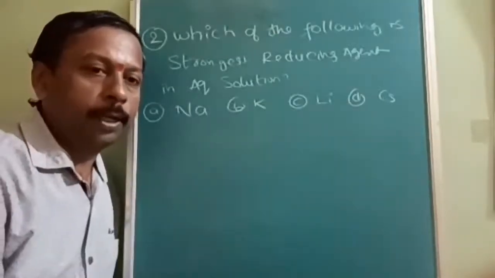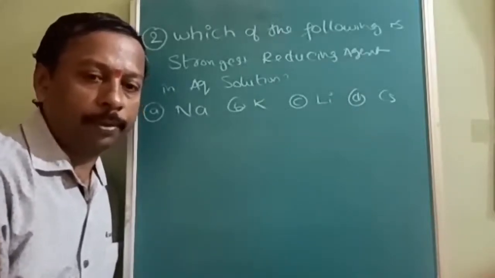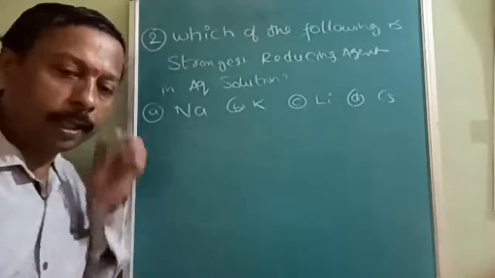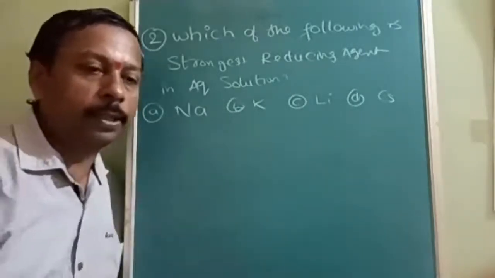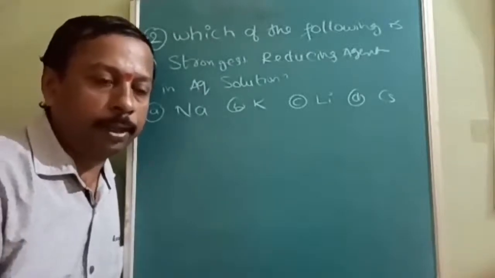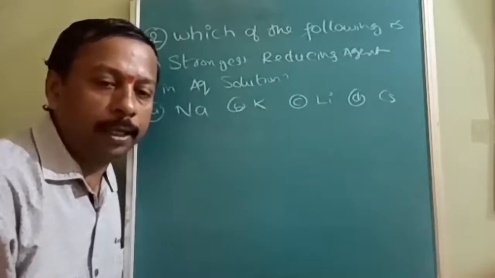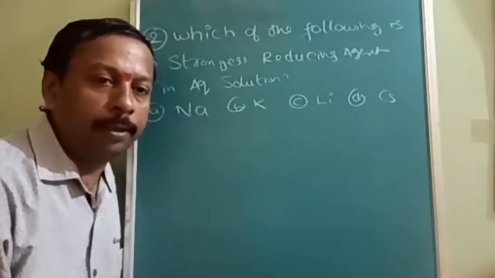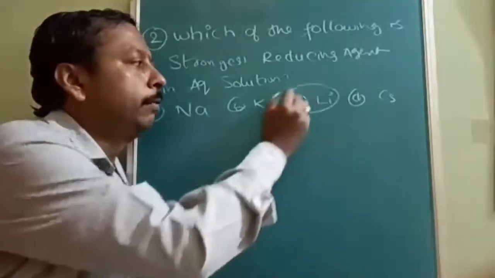The next question is about the reducing property in aqueous solution. Since aqueous is specifically mentioned, we have to consider the hydration energy. The higher the hydration energy, the higher the reducing property. This question was already repeated in one paper.